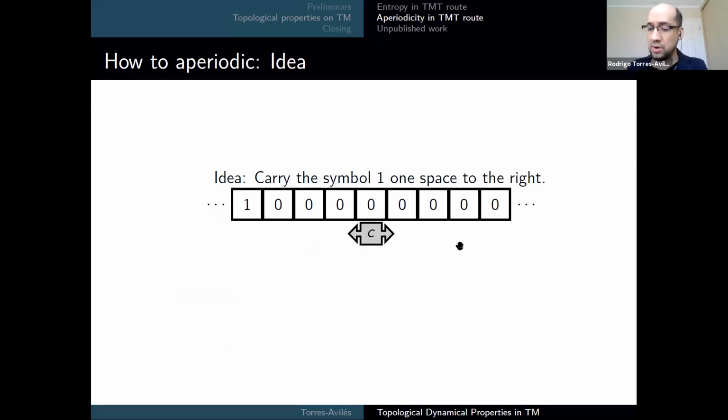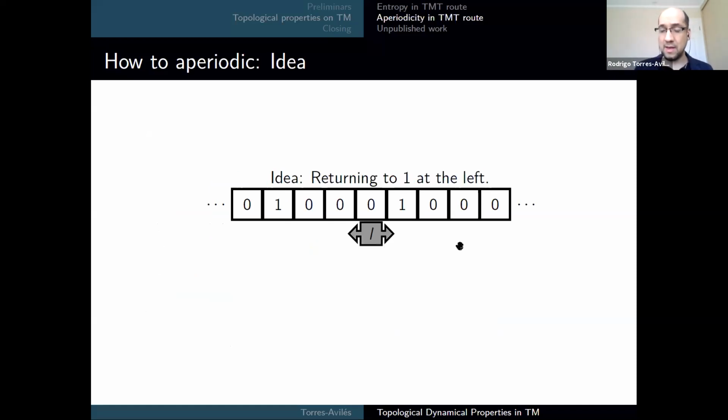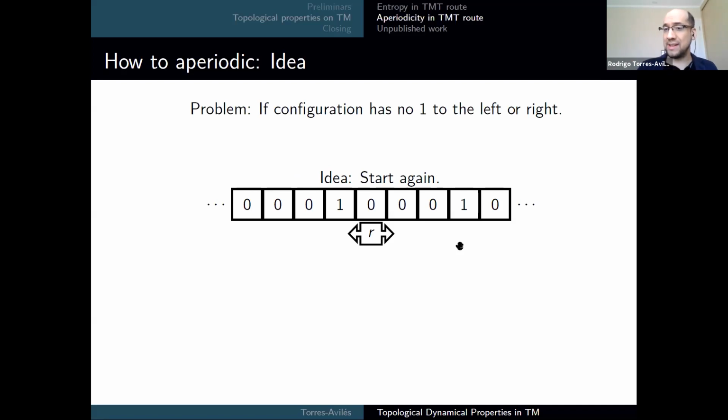We push the symbol of the right one position to the right, then we return to the one to the left and start again. In this case, we are increasing the amount of zeros between the two ones, so we never make the same computation again. The problem is that if the symbol one to the left or to the right does not exist, we will search for this symbol indefinitely and we will enter a weakly or shifted periodic point.